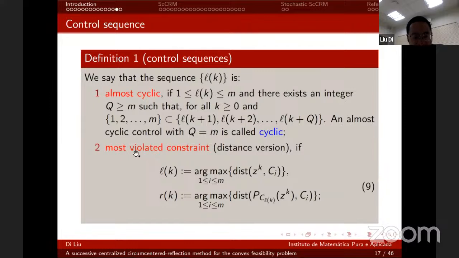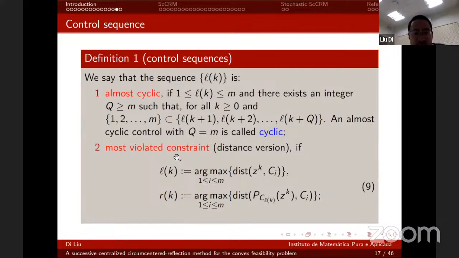And the second is most violated constraints in the distance variant. Imagine you have many sites. Some are close and some are far away. It is very efficient if you just use the farthest one first. You project onto the farthest one, which will get you much closer to the intersection.